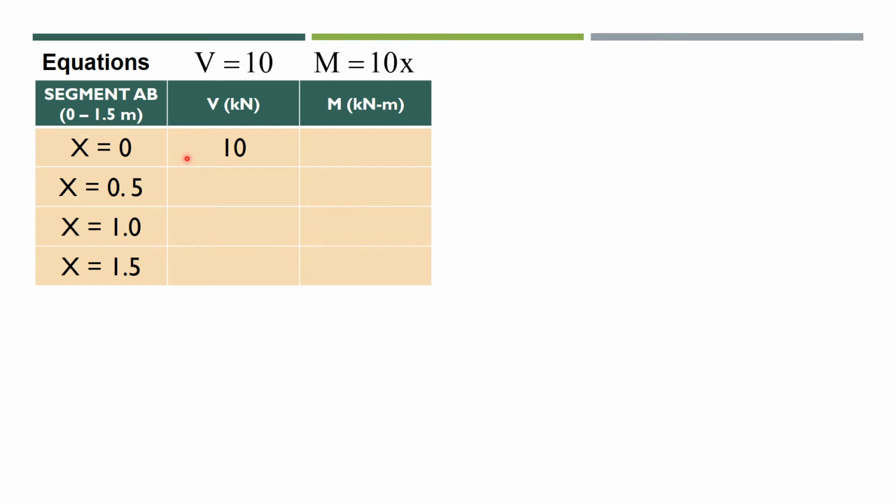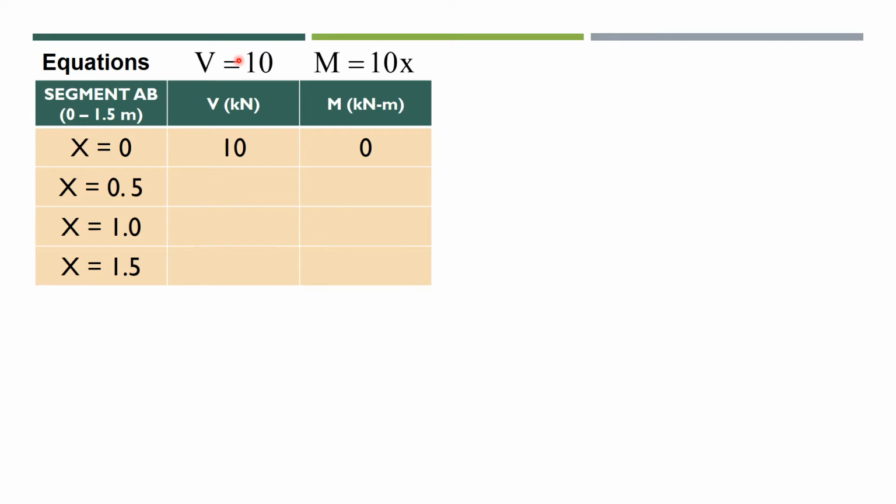So, again, for x equals 0, dahil wala tayong variable dito, the shear value is 10. While for the value of moment at x equals 0, we have 0 because if you substitute 0 here, your moment is 10 times 0 or 0. Then when x equals 0.5, the shear equation is V equals 10.